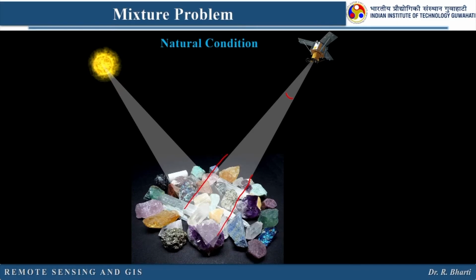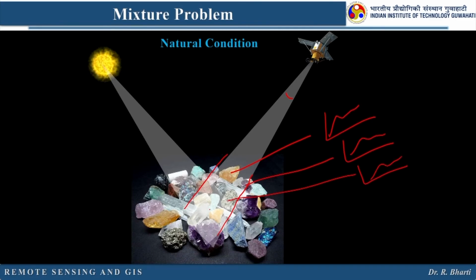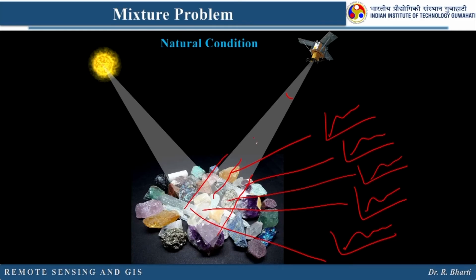So, what will happen? You will get one spectral response for this, another response for this, here for this, here for this, right. So, like that you will have all the unique spectral response of these materials which are falling within the field of view, but actually we are getting only one value for this pixel, right?